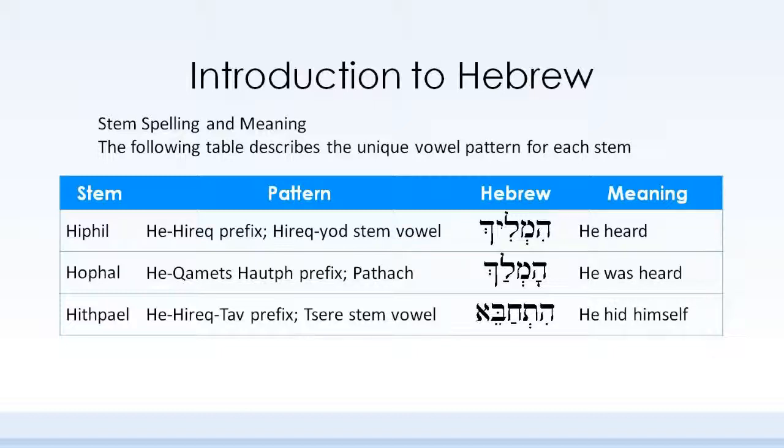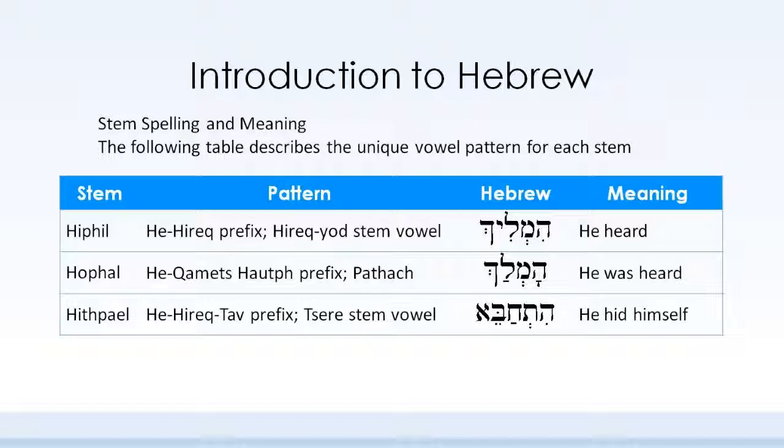The next stem is the hofal stem. It exhibits a he kametz hatuf prefix and a patach stem vowel. The verb example here is homlak, he was made king. Notice the he kametz hatuf prefix before the mem and the patach under the lamed.